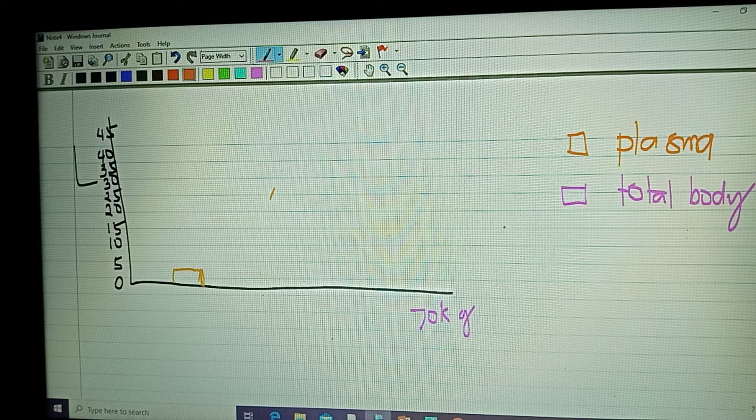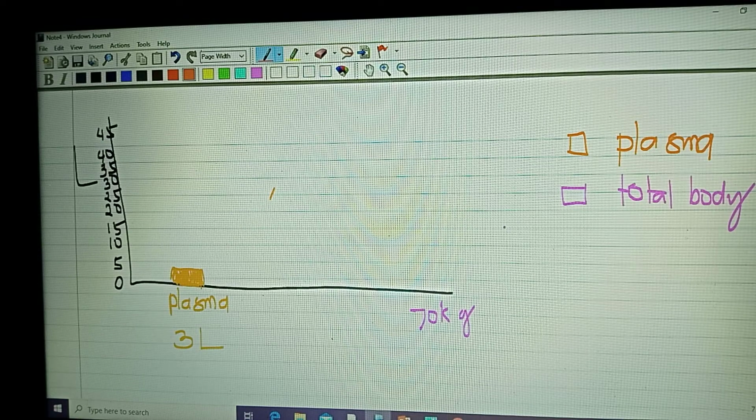So that's 0.04 times yung 70 kilogram niya. That is your plasma. As you can see in your legend, that is around 3 liters. So the plasma compartment of a 70 kilogram person is about 3 liters.